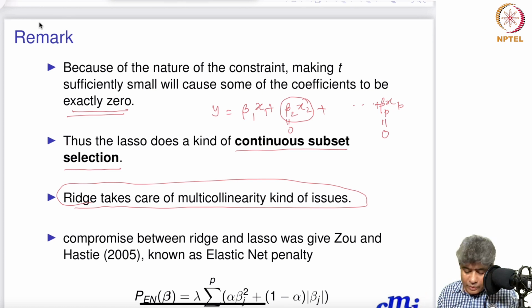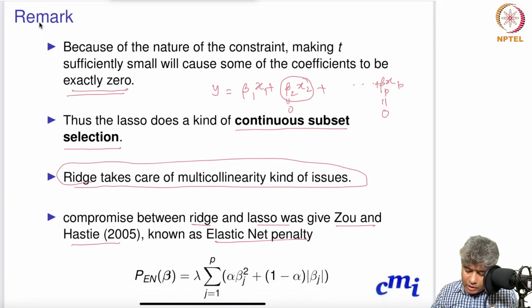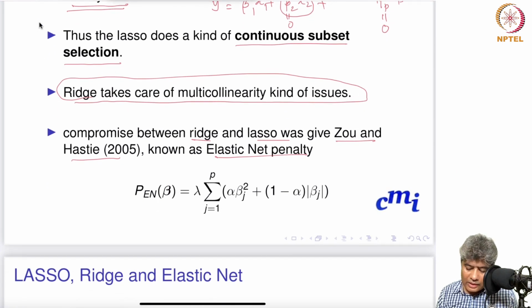So a compromise between Ridge and LASSO was given by Zou and Hastie in 2005, known as the elastic net penalty. They invented this elastic net penalty, which is essentially a convex combination of Ridge and LASSO.